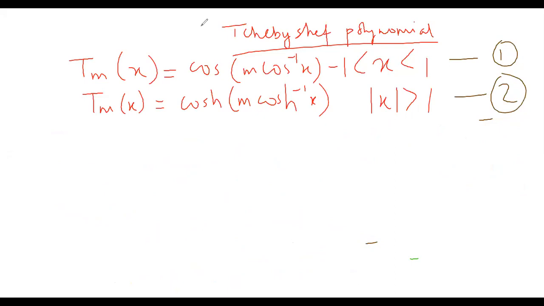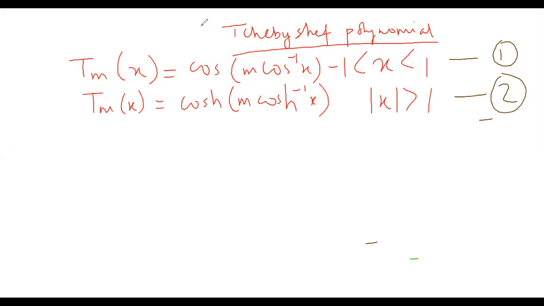Now if it is so, how can you find the roots of the polynomial? Quite simple. The roots of the polynomial can be found by equating the polynomial to 0. Now you find the values of the variables.